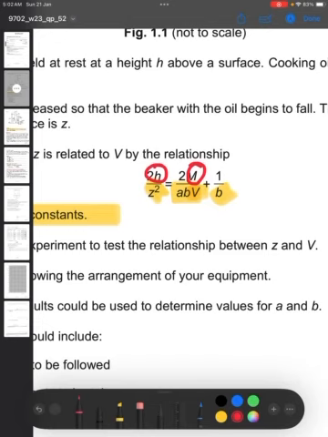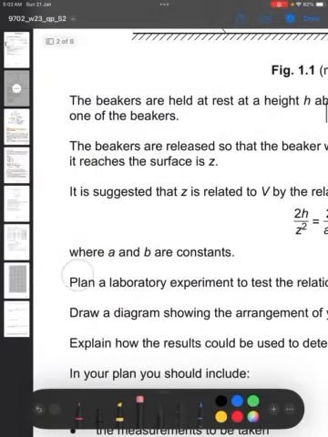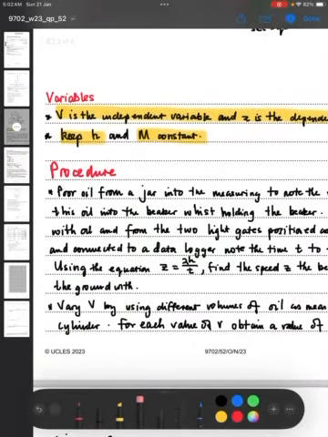But since we want to investigate Z and V, and we know that A and B are already constants, we must make H and M also constant to ensure that the relationship we'll be investigating will just be between V and Z without the influence of H and M. We don't want H and M to influence the experiment. So it is important to tell us what we are going to keep constant. So in this case, as I said here, keep H and M constant.